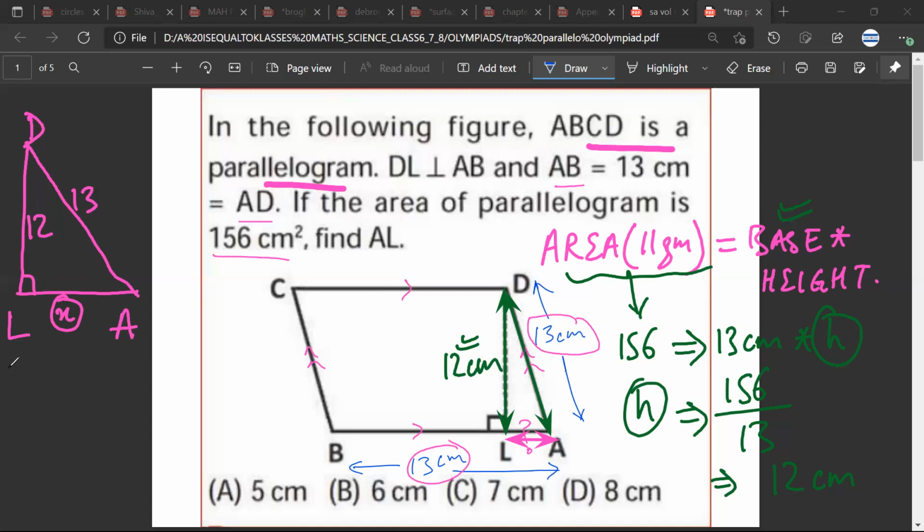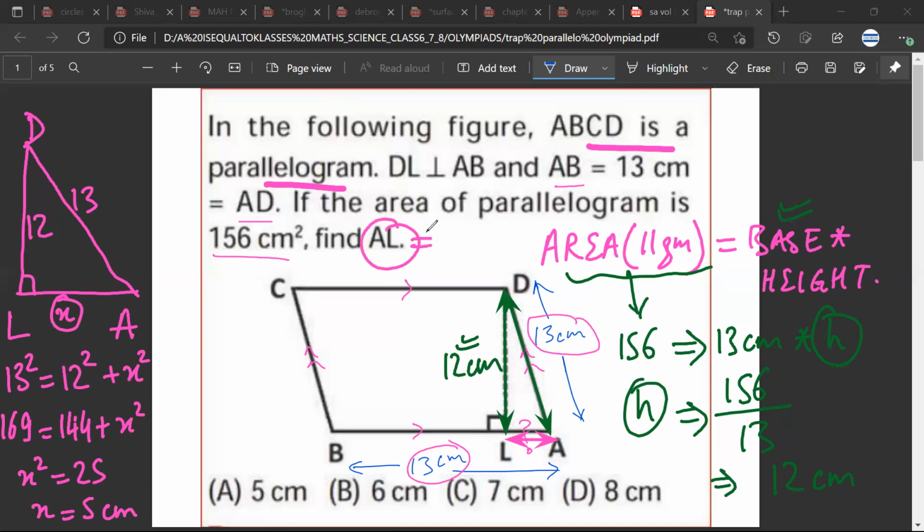So 13 square equal to 12 square plus X square. Mr. Satya, have you understood? Yes, sir. Mr. Sarthak, have you understood? Yes, sir. Satya, any doubt? No doubt, sir.